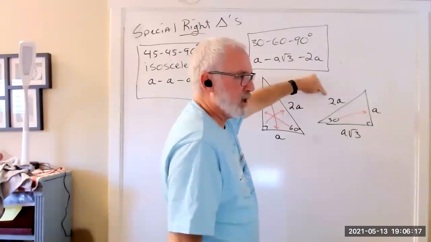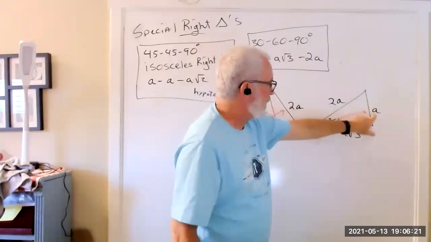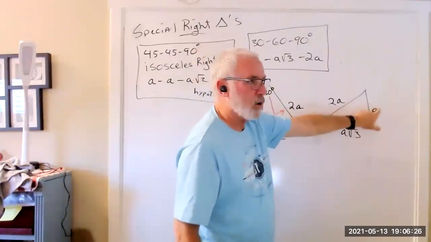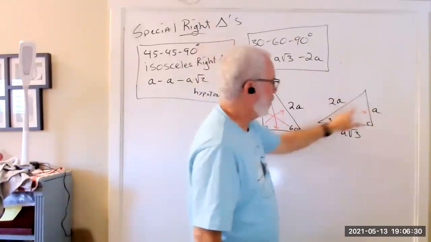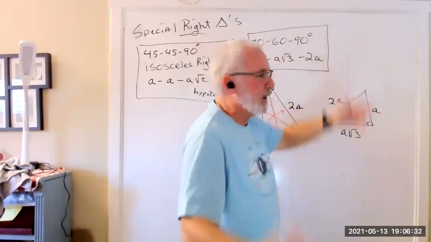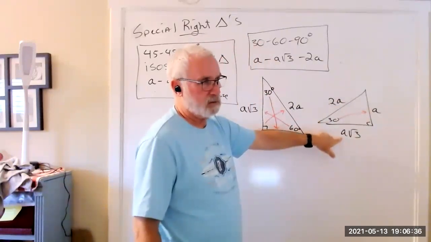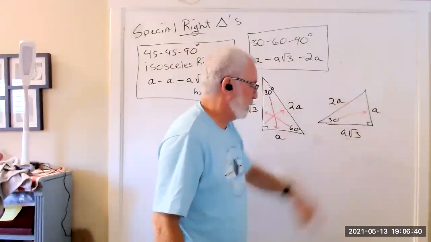That will never change, no matter how you twist a triangle. The A side is always opposite the 30 degrees, always. And then by default, A radical 3 is what's left over, but it will automatically be opposite the 60-degree angle.